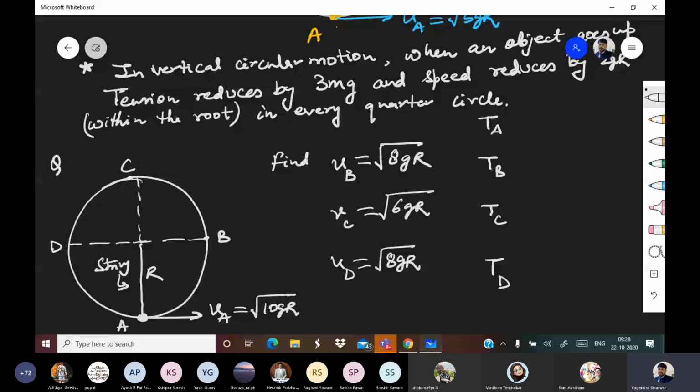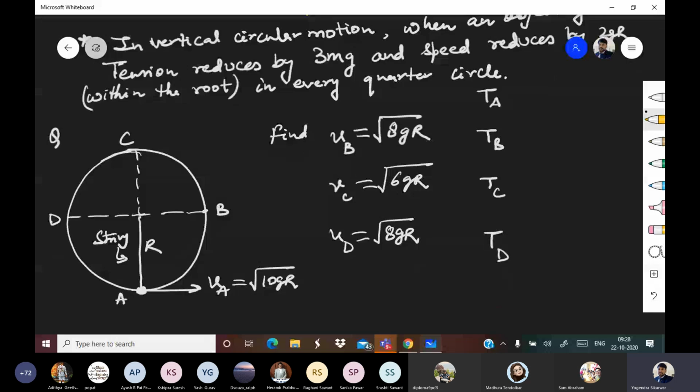So for point A, mg is acting downward, TA is acting upward, right? And that's it. So what we can write is TA minus mg is equal to mVA square by r.